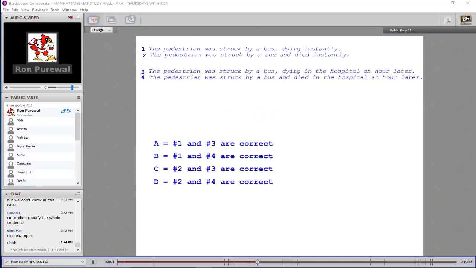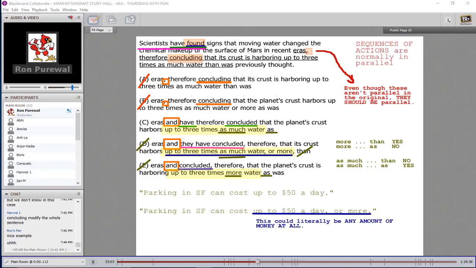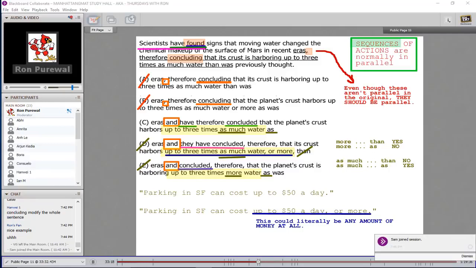Let's talk about it. So remember in this problem, we mentioned this. Sequences of actions are normally in parallel, but legitimately if they are sequences. What that means is they have to actually be sequences, i.e. they have to not be things that are the same thing. They have to actually be sequential, like 2 points on a timeline.